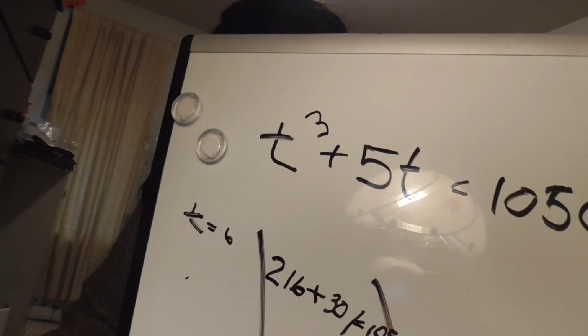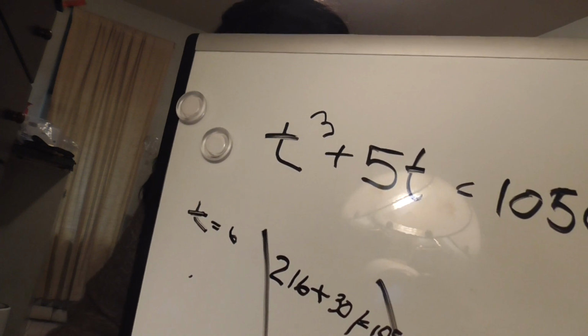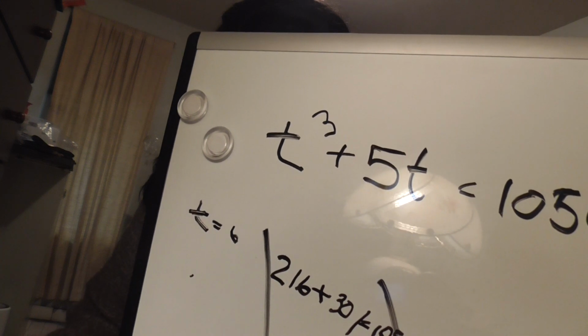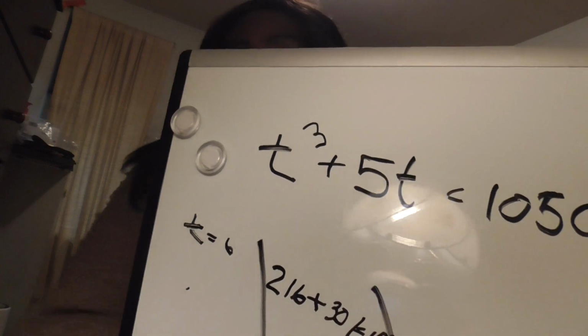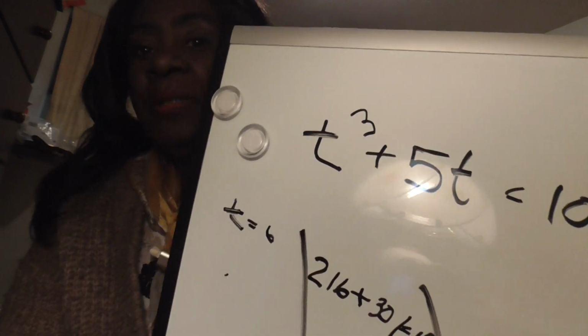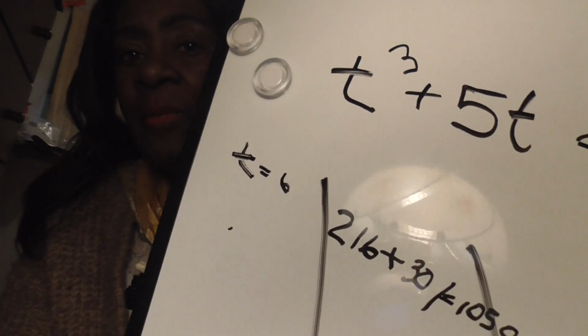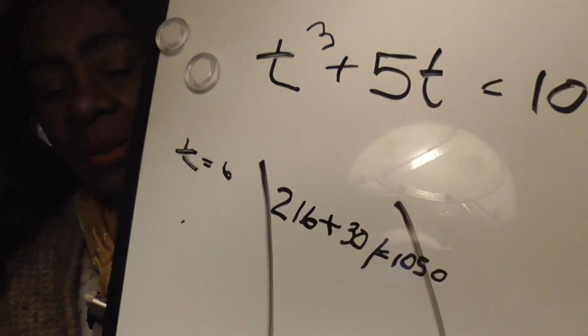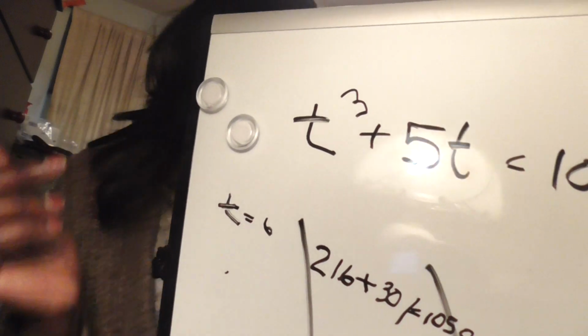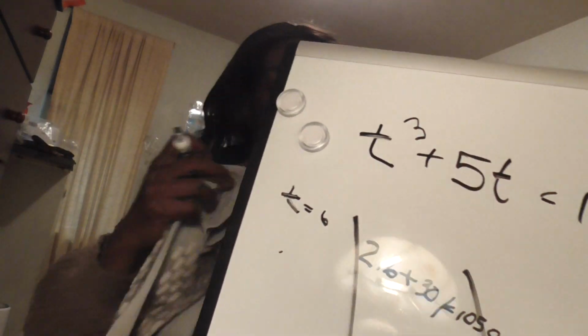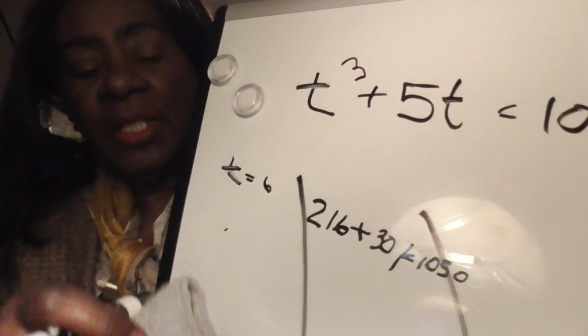So we're going to try with another number. If you have your pencils and papers, you can write along with it as we're doing it. My numbers seem to be slanted. So we know that in this example, t does not equal 6.